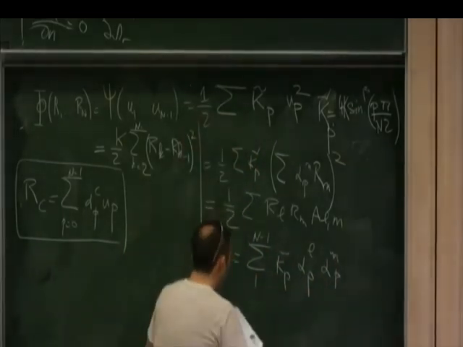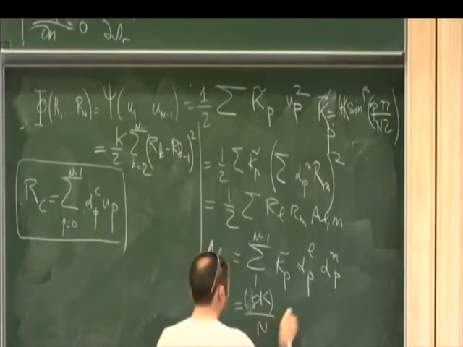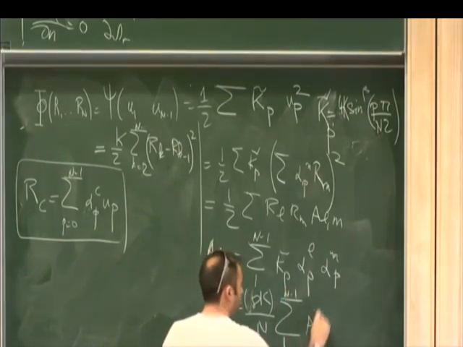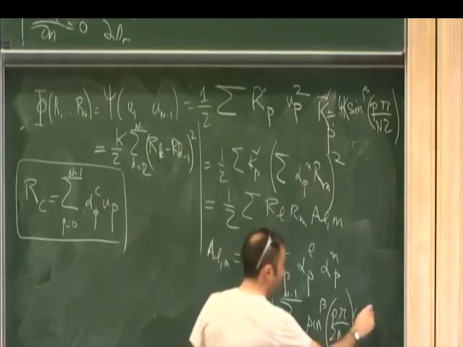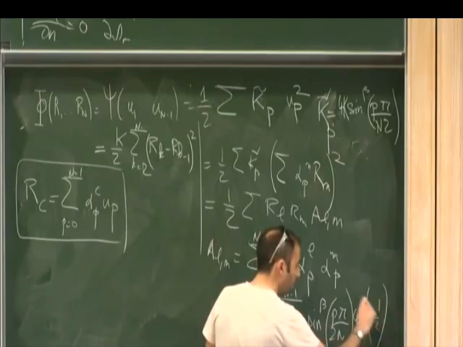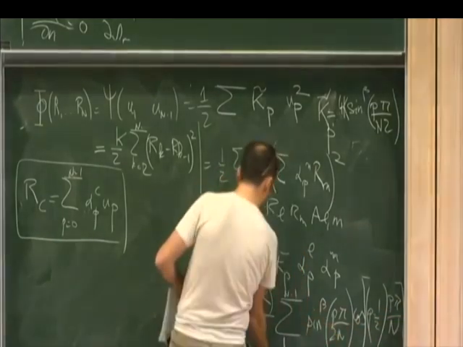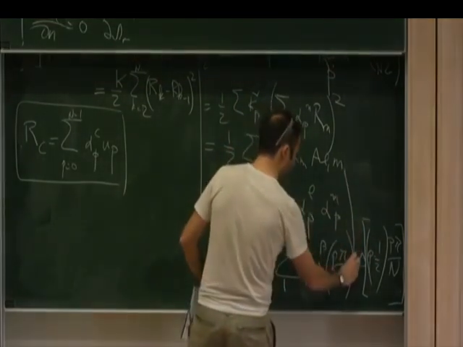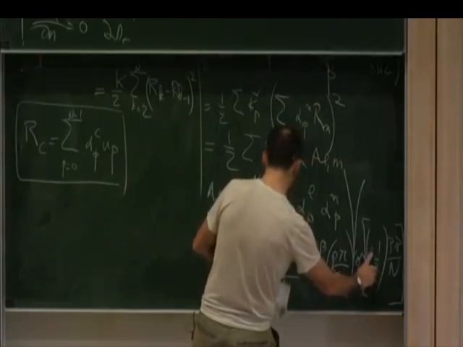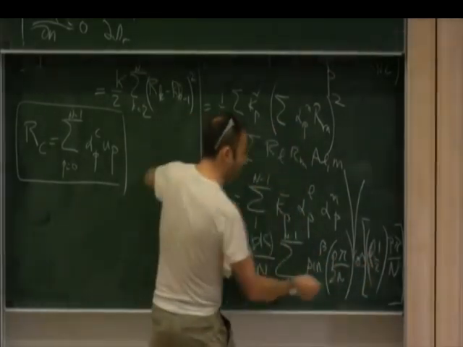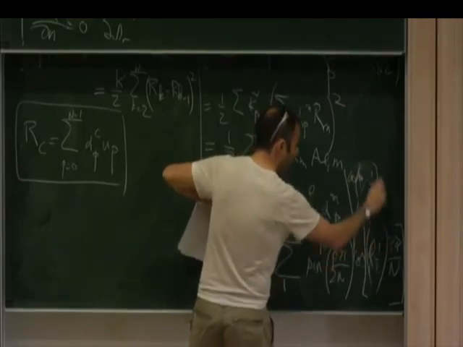So just to show you what you get: 4 kappa, there is 2, so this is 8 divided by n, sum from 1 to n minus 1 of sine to the beta of p pi divided by 2n, cosine of (l minus 1/2) p pi divided by n, and it has to be symmetric, so I multiply by the same term with m: cosine of (m minus 1/2) p pi divided by n.